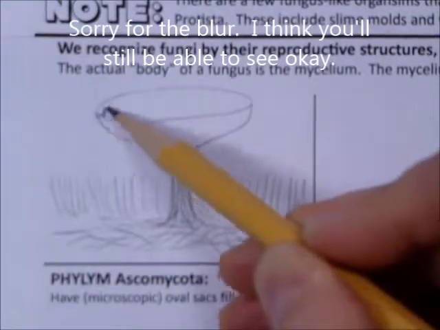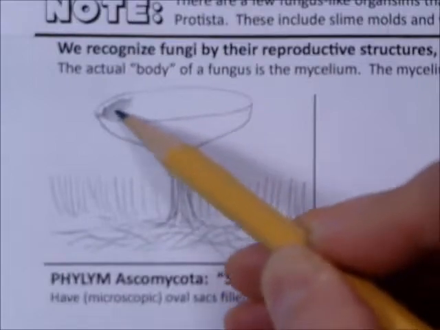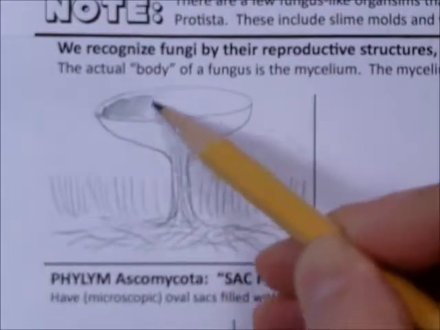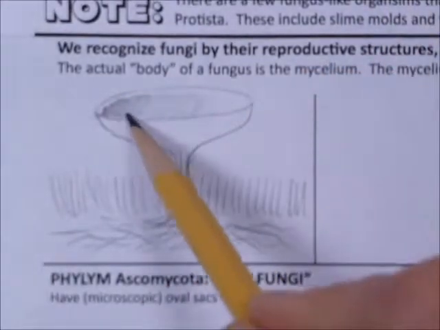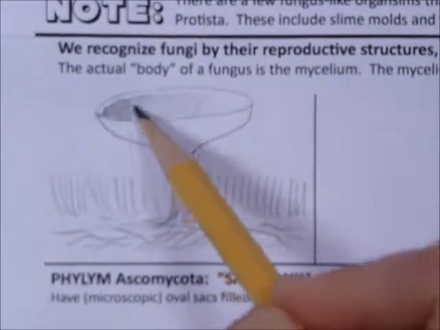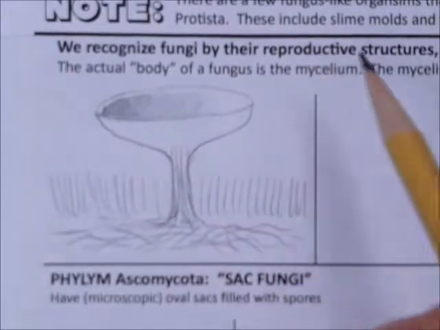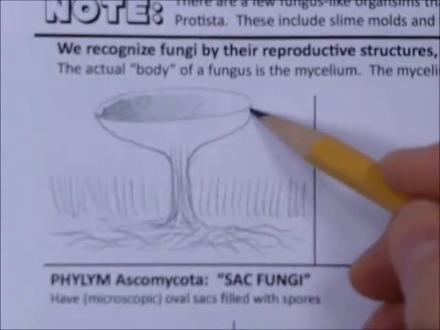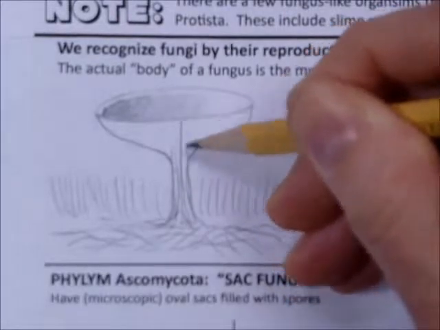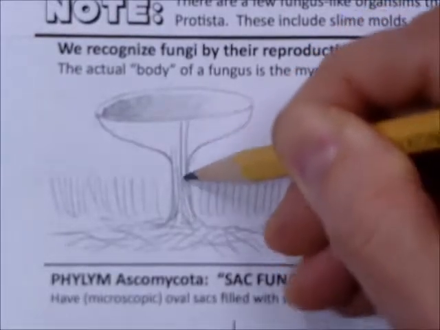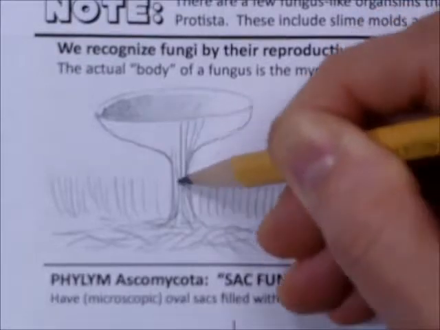And you can even shade a little bit if you want to make it look like a cup. If you kind of go dark and then lighter, lighter, lighter, that'll kind of make it look like it's hollow in the center, like that. And then this is kind of like our cutaway, so we want to bring some of these hyphae up like this. They kind of dead end like that.